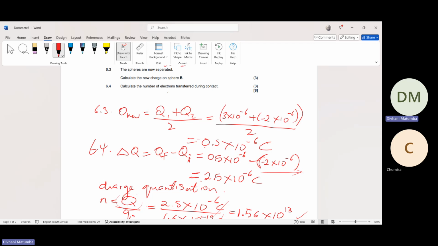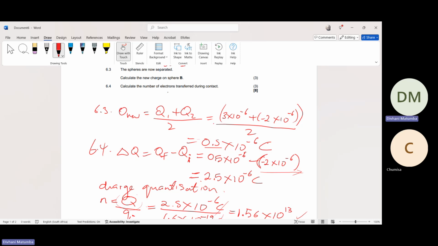And what we get, which was 0.5, is the charge on both spheres after separation. Because when you merge the two, the two become one and they share the same charge. When you separate the two, they still retain the same charge because at one instant they were one. You agree? Yes, sir.